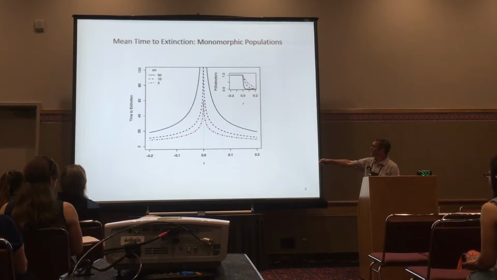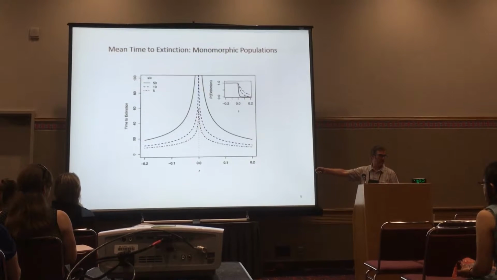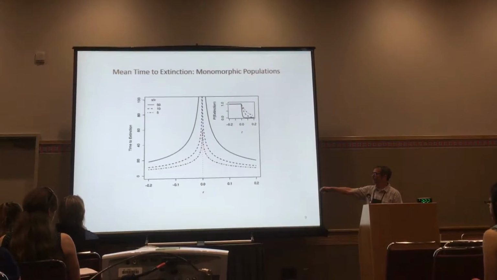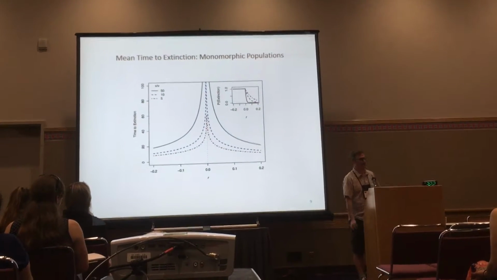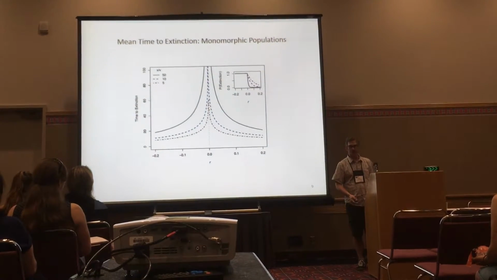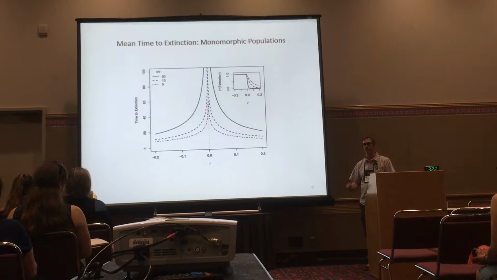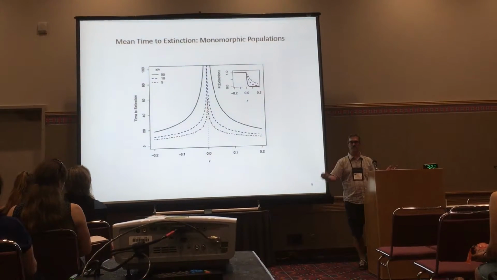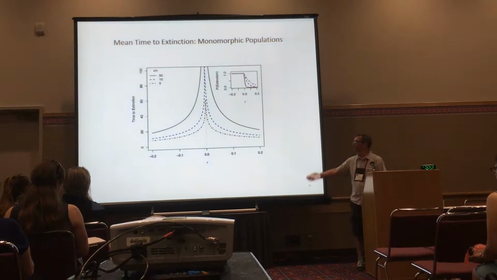And what you can see is that in each of these cases, which correspond to different initial densities or different variability in reproduction, the time to extinction on average goes to infinity as r goes to 0. That's basically because when r is positive, there's a non-zero chance of eternal life. And so if you take the average of infinity with any finite number, the average is infinity.